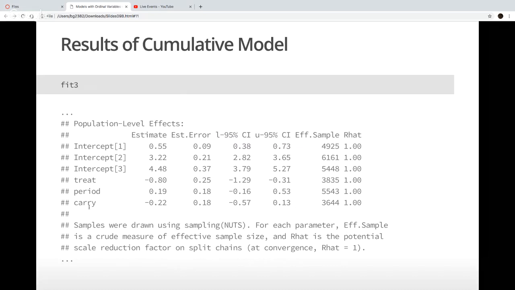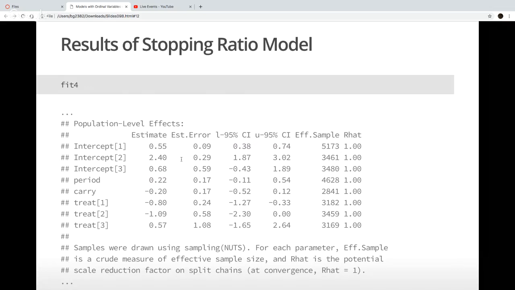But anyway, when you see intercept in a cumulative model estimated by BRM, just mentally translate it into cut points. And these are on the logistic scale, so they're not going to be directly comparable to the ones that we got before, assuming normal errors, but again, they are constrained to be increasing under the default priors that we use when we get something like this. And then we get an estimate of the treatment effect, etc.